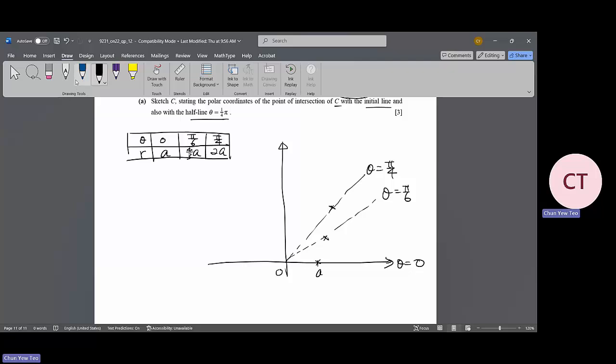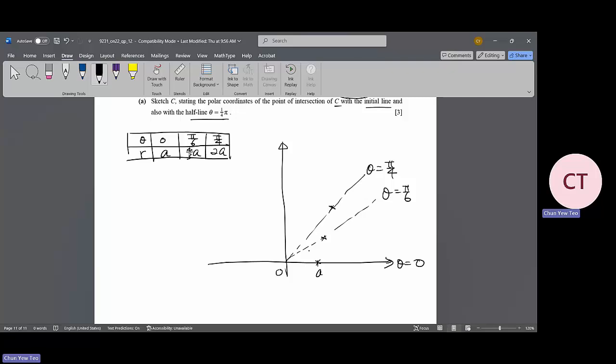So this is a bit, how to say, controversial. Some students draw it like this, some students draw the graph like this, and some draw it like this. But we are actually not able to fully understand the graph unless we have more points.